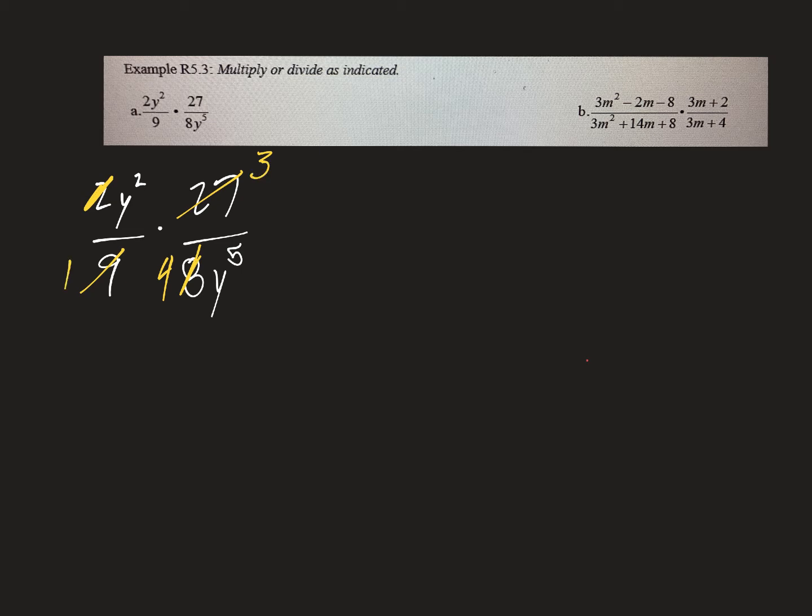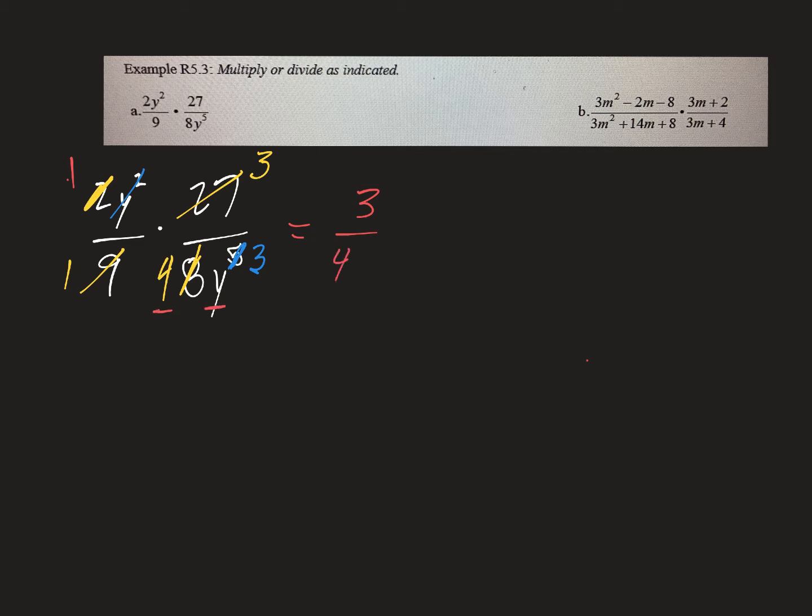Now notice we have y squared here, and we'll be able to reduce that along with this y to the fifth, making it into a y to the third. So now everything's canceled out in this first term. That's actually going to end up just being a 1. So I've got 1 times 3 is 3, and on bottom, I've got 1 times 4y to the third.